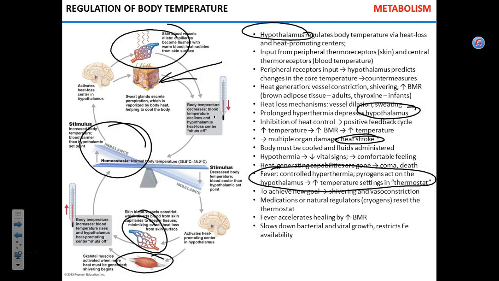Increase body temperature by increasing BMR. How? How can I increase my body temperature right now? Shiver. I'm going to start shivering. What else? Blood vessels, people. Constrict. So when a person develops fever, they have chills and they pale.